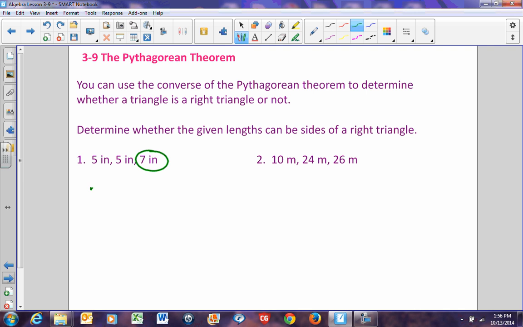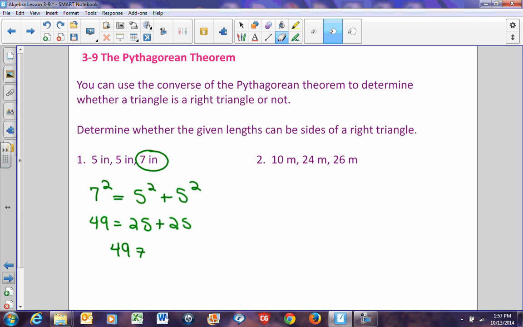So I'm going to see if 7 squared equals 5 squared plus 5 squared. 7 squared is 49. 5 squared is 25 plus 25. 49 does not equal 50, so this is not a right triangle.